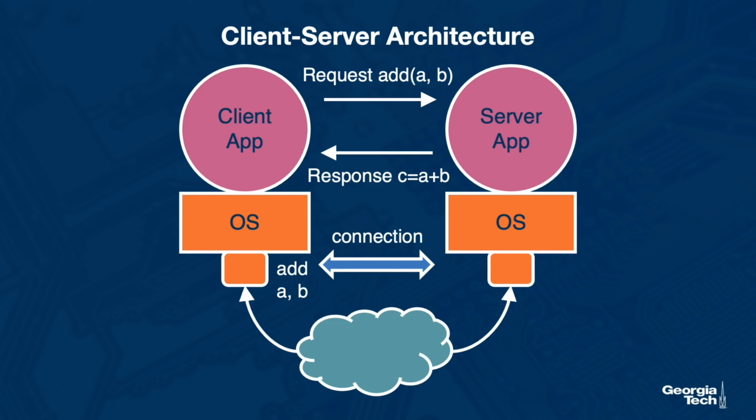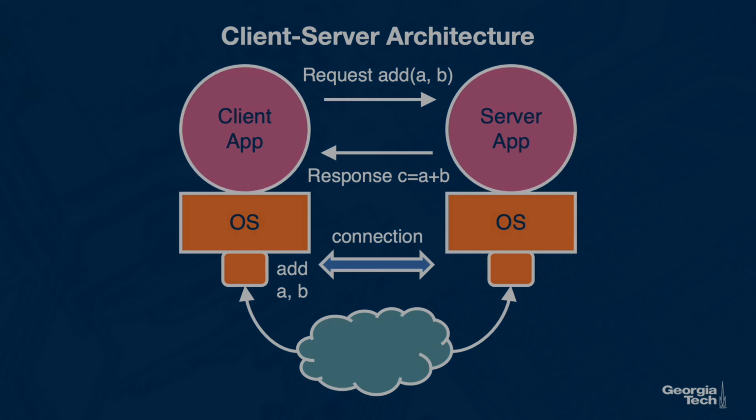I should note that although this illustration shows two machines connected via network, this would look similar if the client and server application were sitting on the same machine. It's just that in that case, the communication channel doesn't have to be based on a message-based network transport and could be based on shared memory.